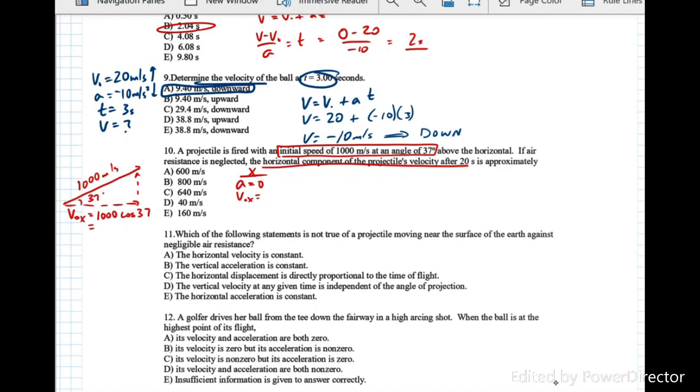It's the adjacent side. It means it's 800 meters per second. Since the acceleration is equal to 0, the final velocity is equal to the initial velocity because we have constant velocity in the x direction. That means at any instant, the speed of the particle in the x direction is the same as it was at the beginning, which was 800 meters per second.